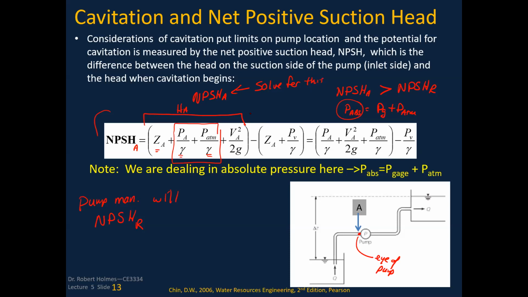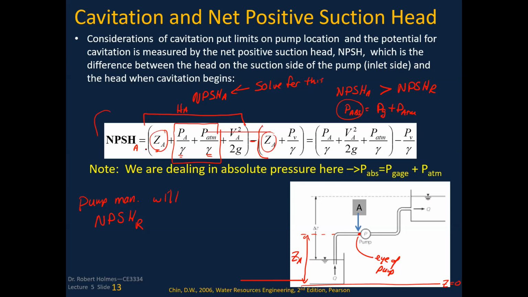And so we're going to take that HA, and then we're going to subtract off the elevation ZA, which, if I've got a datum here, is Z equal to 0. This is going to be my value of ZA, if that's my datum. Notice it shows up here and here, and I always do this.